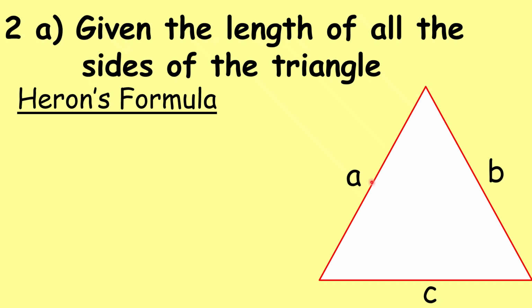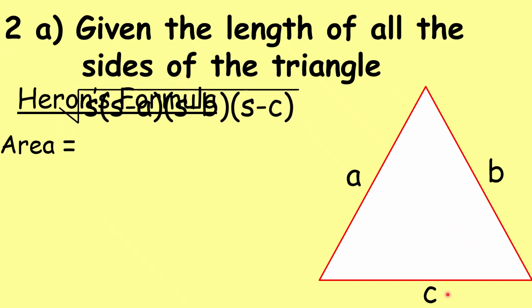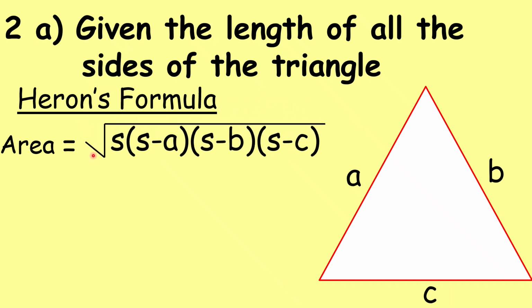So you have one side with length equal to A, then another side with length equal to B, and then the third side with length equivalent to C. Now, Heron came up with a formula which gives us the area, and it is equal to the square root of S times (S minus A) times (S minus B) times (S minus C).